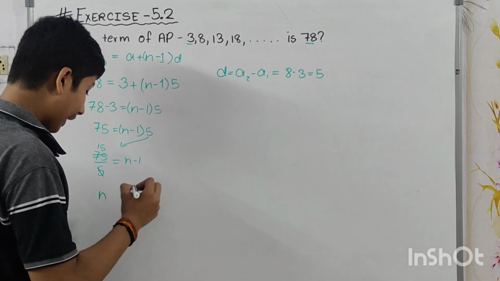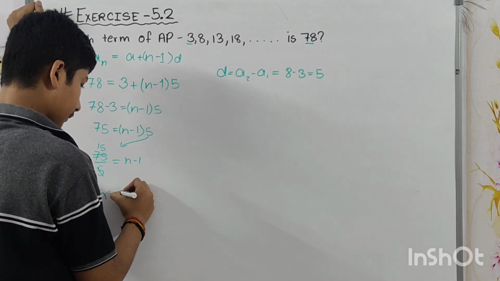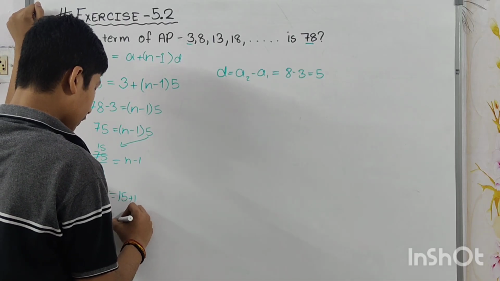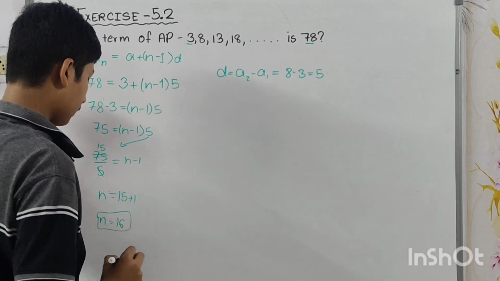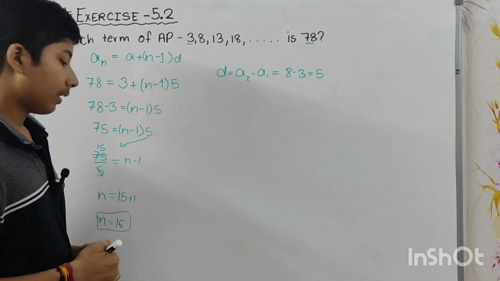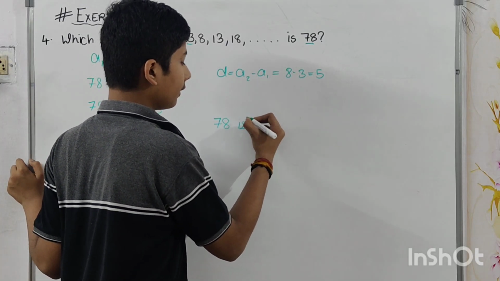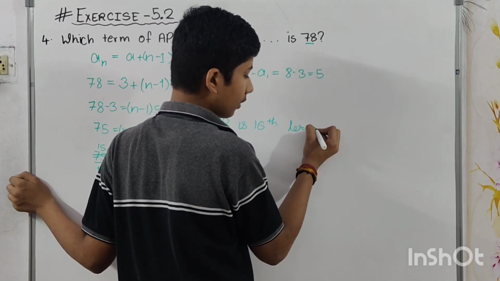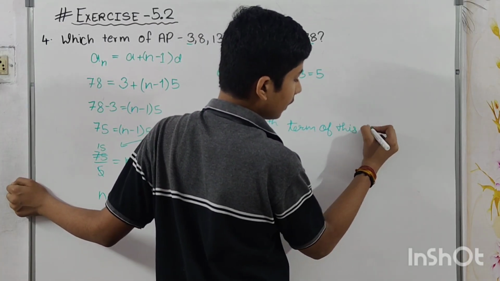So the value of n will be 15 plus 1, n equals 16. I hope this is clear. So the value of n is 16, which means 78 is the 16th term of this AP.